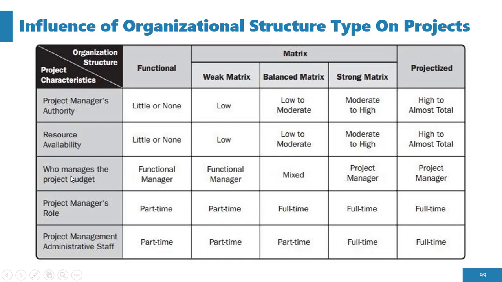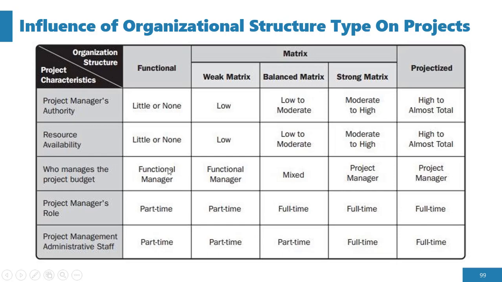Now, who manages the project budget? In a functional organization, the functional manager does that. When we talk about the functional manager, we're talking about a manager in a functional area or a functional line. All right, maybe like the account manager, or the customer service manager, or the production manager. Do you understand? So any of those functional managers, the HR manager and all that, manage the budget of the project.